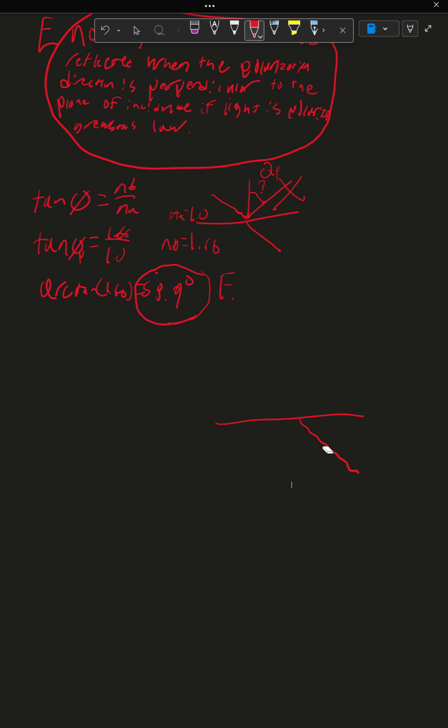So let's just do these little lines perpendicular. It'll be right here. So this will be the angle of refraction, 50.5 degrees. All right.